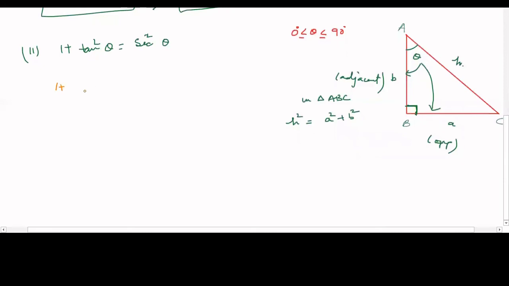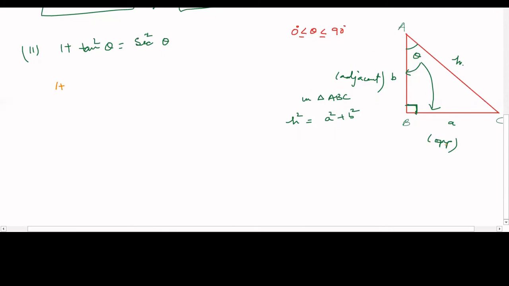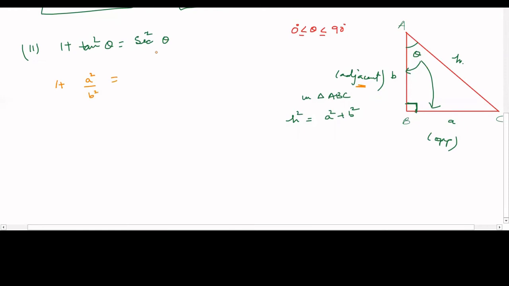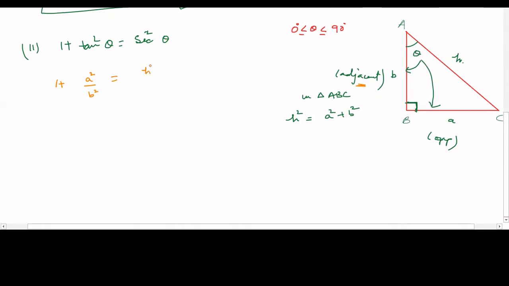Tan squared theta: tan is the ratio of perpendicular to base. For theta, the perpendicular is the opposite side, that's A squared, over base, which is the adjacent side, that is B squared. And sec squared is the reciprocal of cos, which is H over base, the hypotenuse over the adjacent side, B squared.